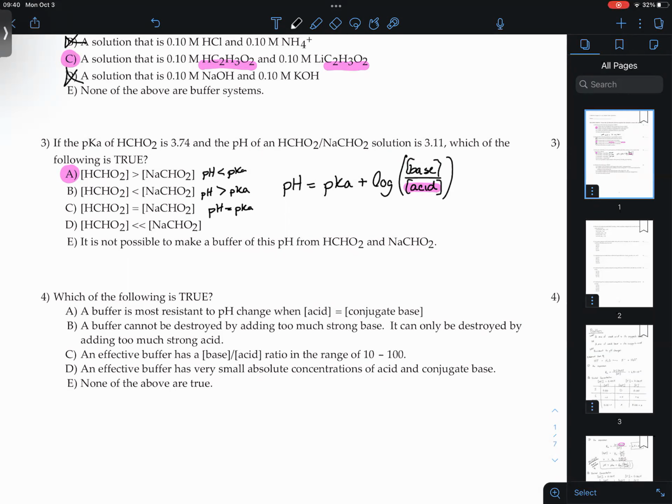And the effective buffer has a very small absolute concentration of acid and conjugate base.